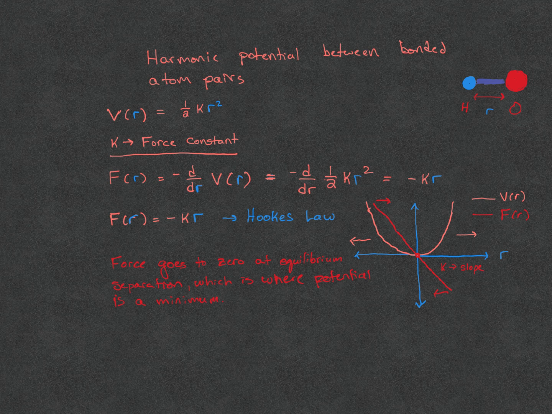It continued to decrease towards negative infinity without bound. So the harmonic potential is a bit different. It actually has a minimum. It has a place where the force vanishes at the equilibrium. And our final potential that we'll see, the Lennard-Jones potential, also has an equilibrium position and a position where the force will vanish.